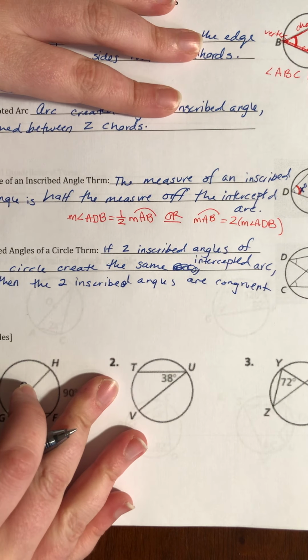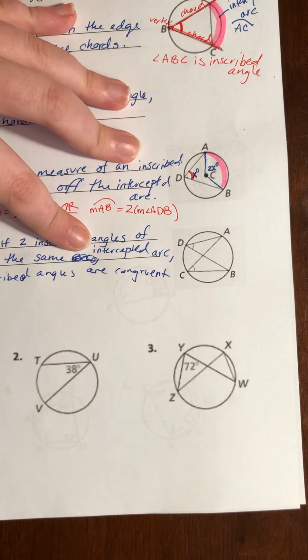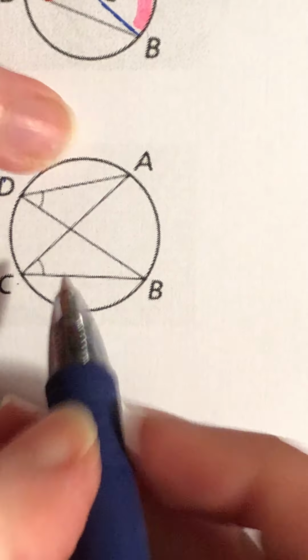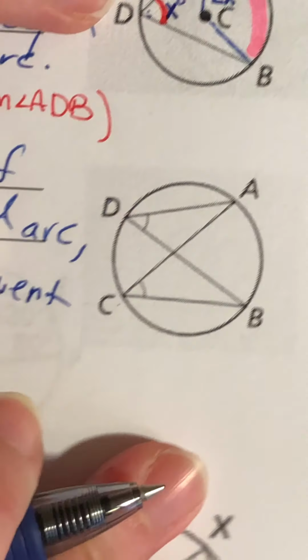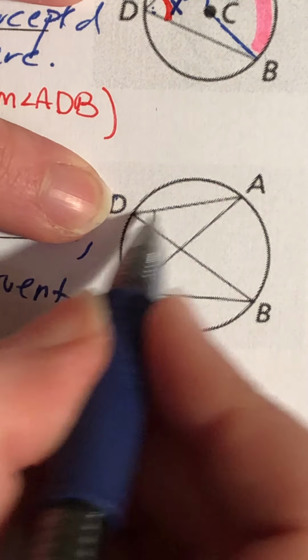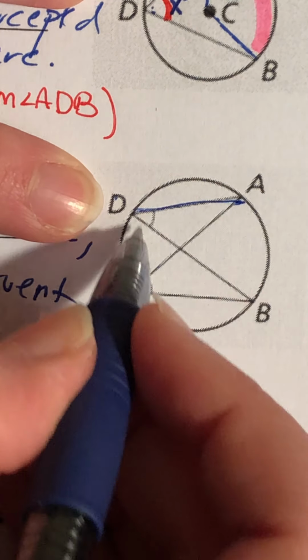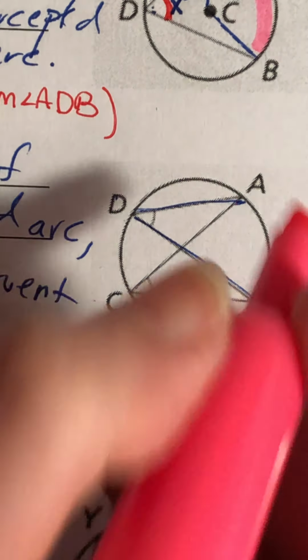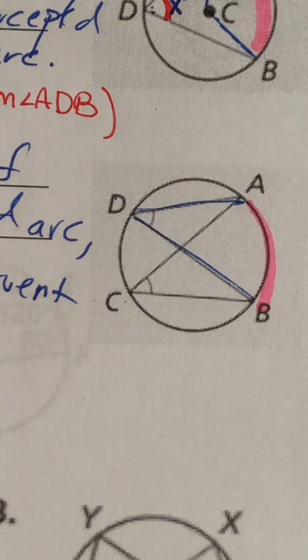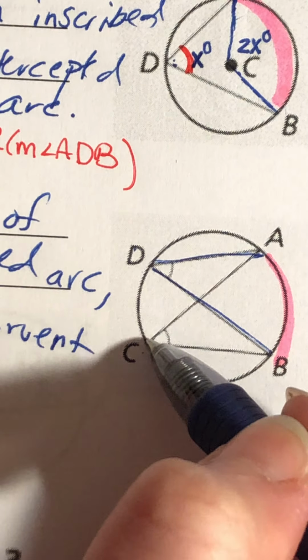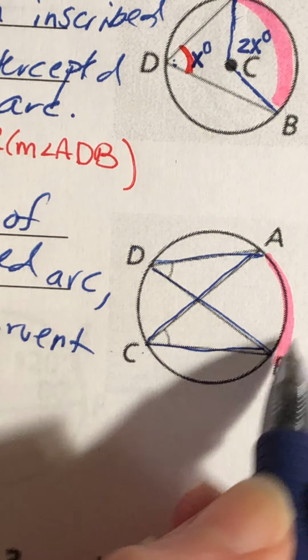So you can kind of see it as almost like it's being projected on. Here I have angle D. It's projecting out and it's creating this intercepted arc. But this angle is also projecting out and creating that same arc.